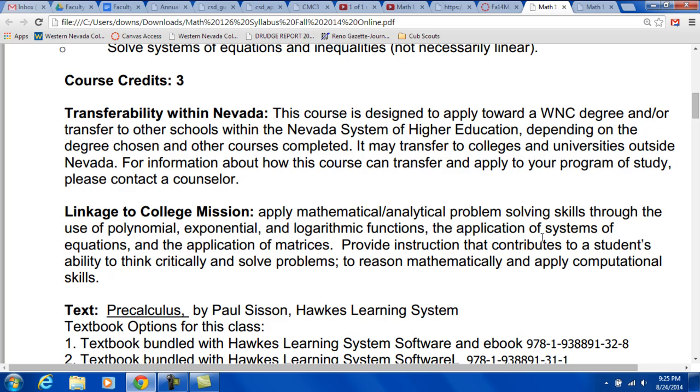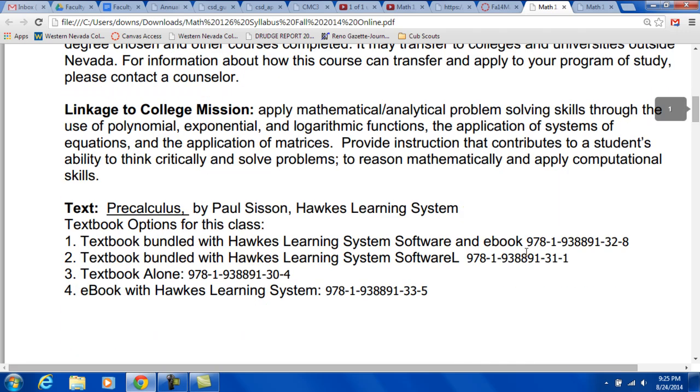The linkage to college admission: apply mathematical/analytical problem-solving skills through the use of polynomial, exponential, and logarithmic functions, the application of systems of equations, and the application of matrices. Provide instruction that contributes to a student's ability to think critically and solve problems, to reason mathematically, and apply computational skills.